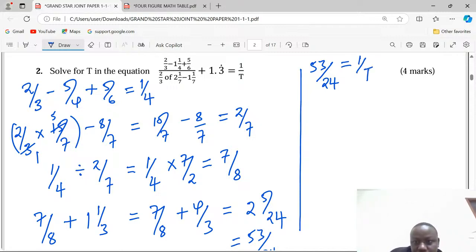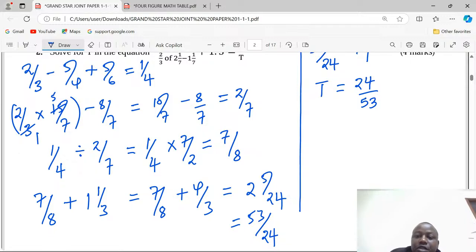If this is so, then for us to get t, we take the reciprocal of the right-hand side, and so we also need to take the reciprocal of the left-hand side: 24 over 53. So this becomes our final answer, which is the value of t.